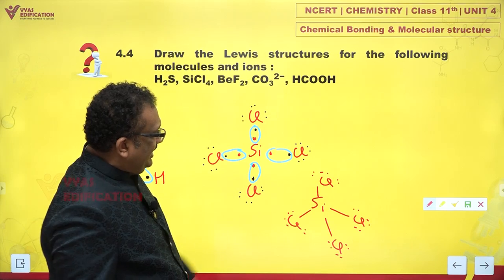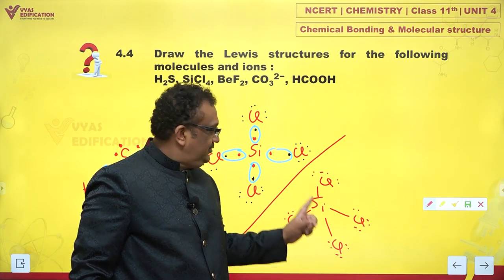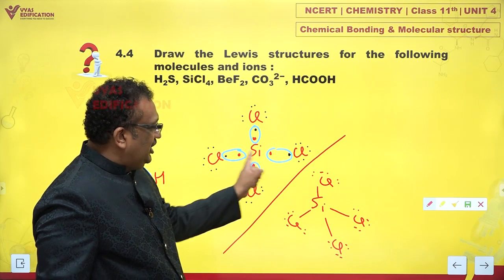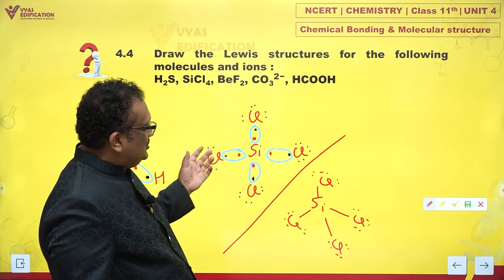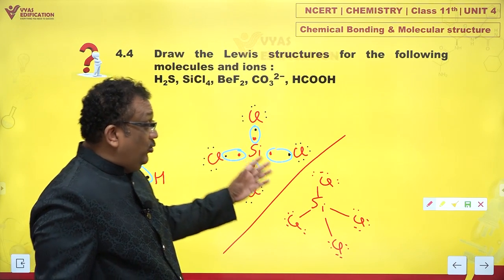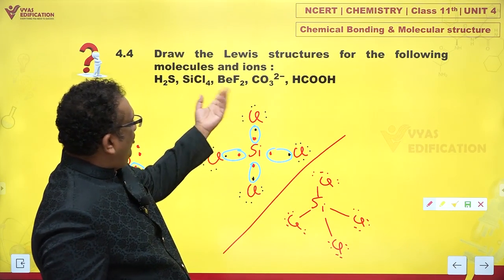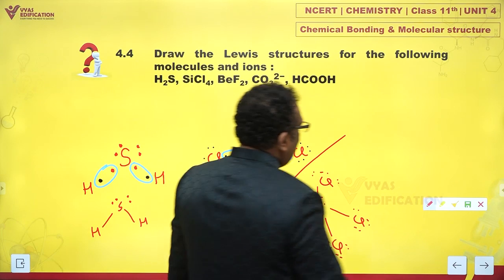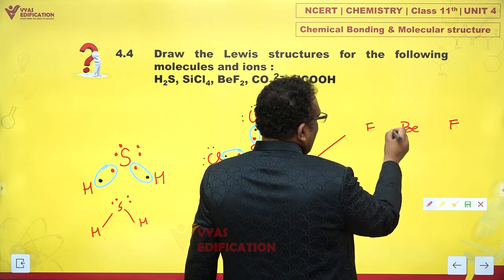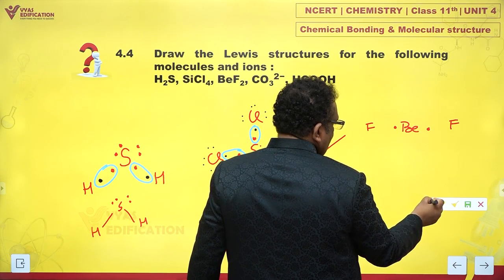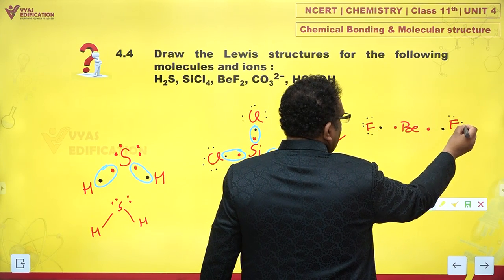Each line indicates that there are 2 electrons on that line. These 2 shared electrons can be replaced by a single line like this. These are Lewis dot structures and Lewis dot dash structures, as people call them. What about BeF2? You have Be and you have F and F. Beryllium has only 2 valence electrons and fluorine has 7.